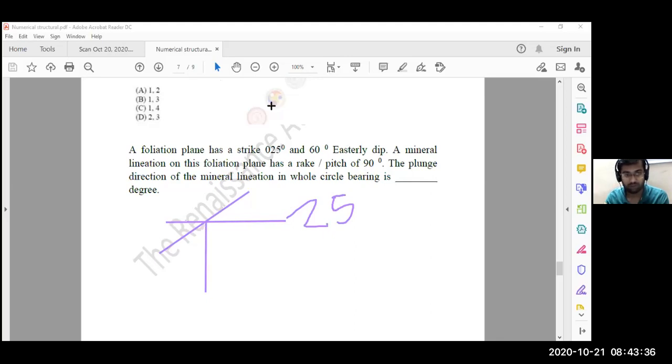Now what is the direction? The plunge direction: 90 plus 25 is equal to 115.